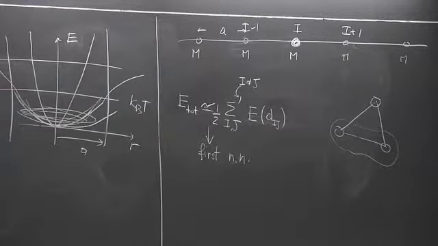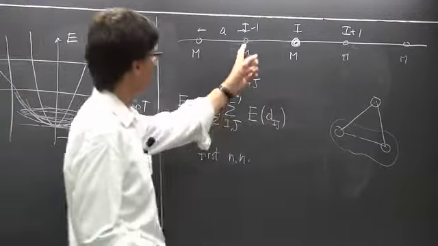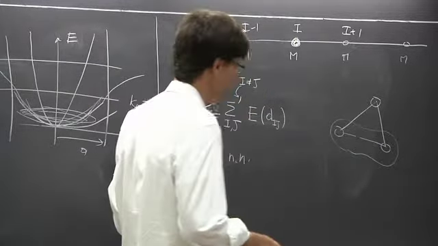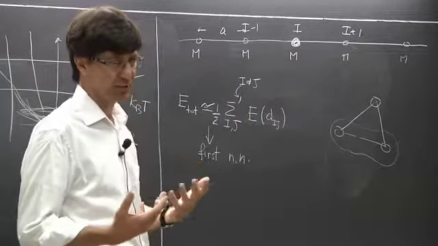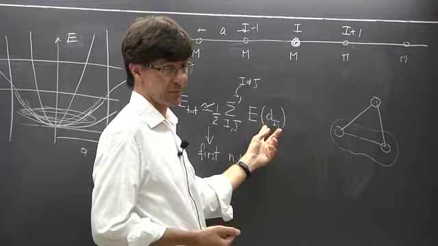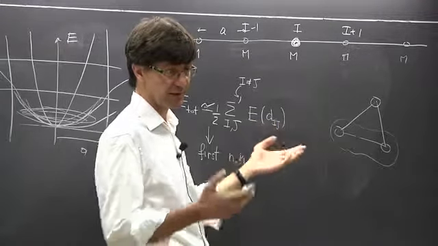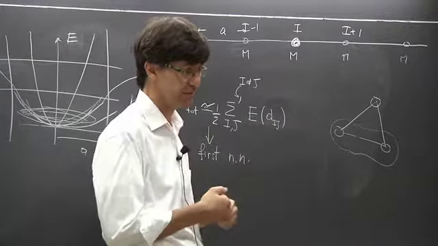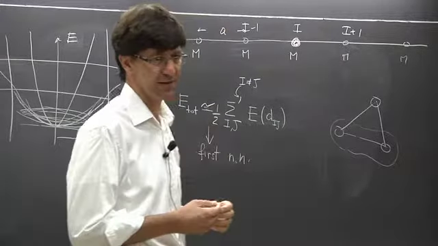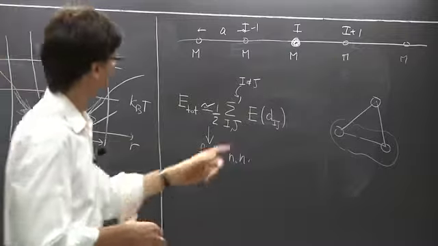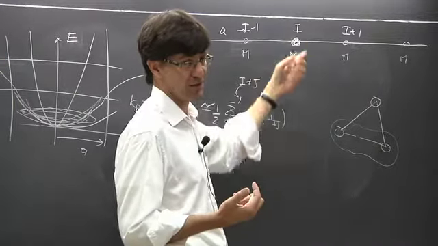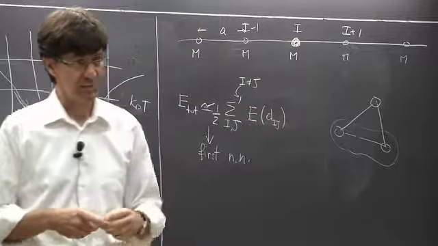If I accept all these approximations, what I'm left with is, oh, sorry. If in addition to this, I consider that my temperature is low enough that I'm close to the bottom of this E versus D curve, that is, in the harmonic part of this curve, then clearly you see that this is exactly the model that I described at the beginning, where each particle is interacting with a spring, with a harmonic potential, with each one of its nearest neighbors.